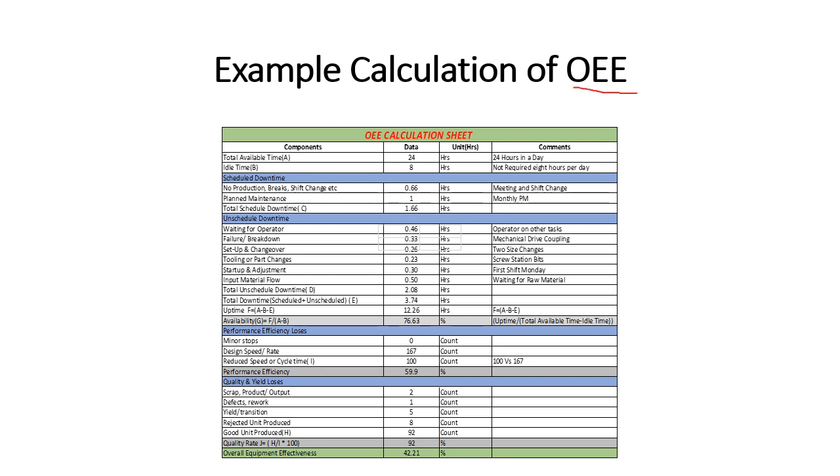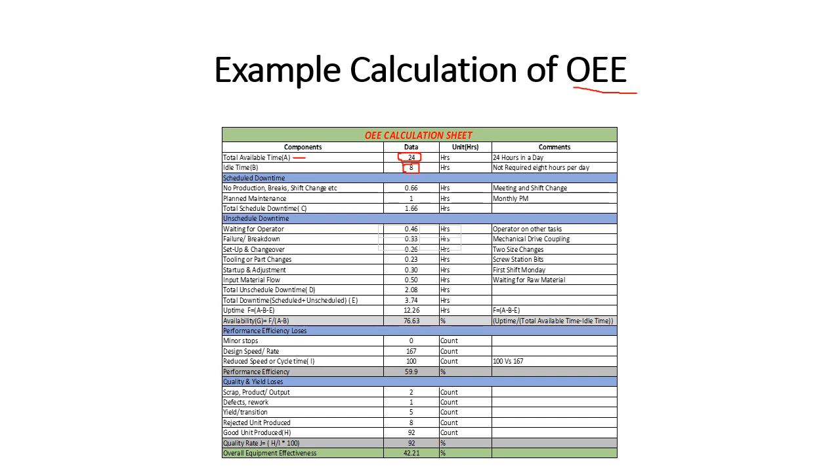As you can see, I have given the total available time. As we are considering a whole day, we are considering total available time as 24 hours. Within these 24 hours, idle time is 8 hours. This is the time when it is not required to operate. There may be multiple reasons.